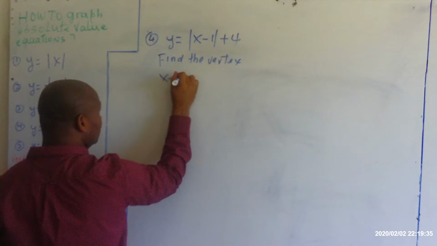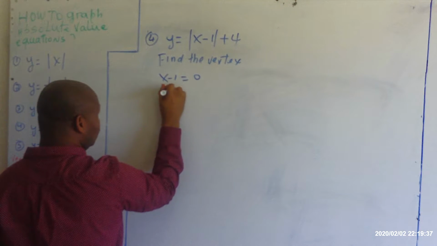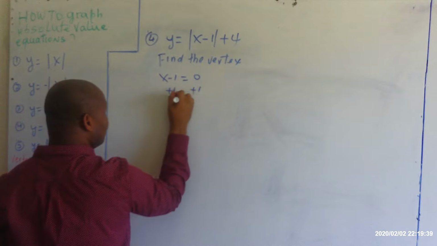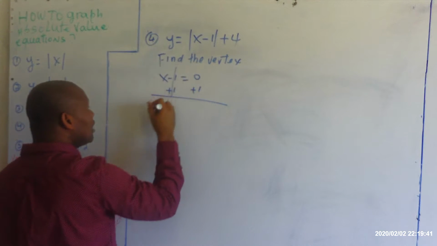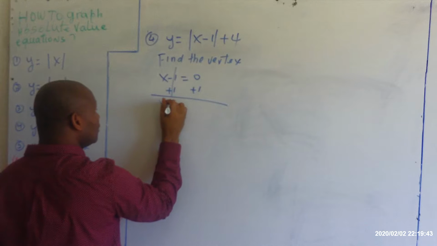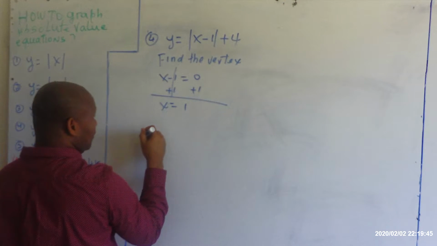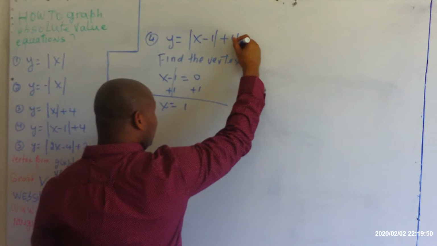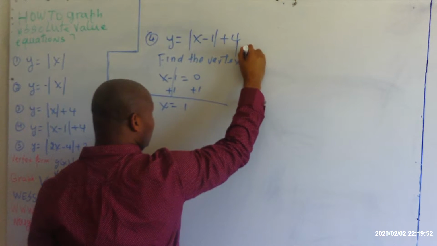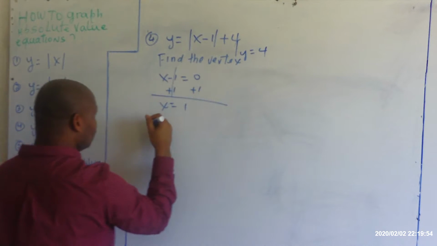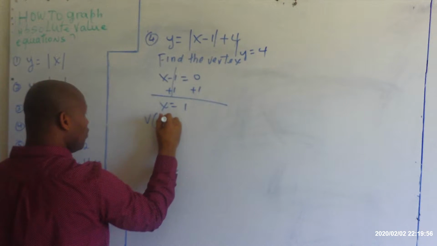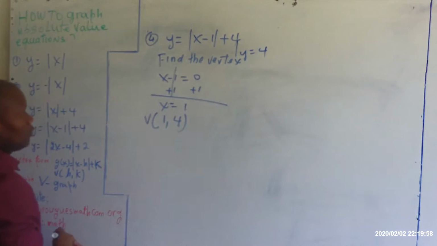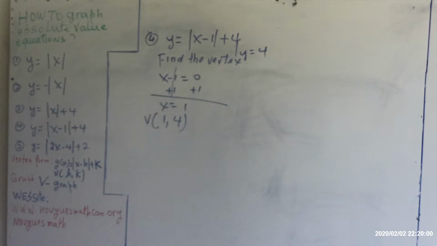So x minus 1 equals 0. Plus 1 on both sides, it cancels, so x equals 1. That's the x coordinate. You already have the y coordinate, which is 4. So the vertex is 1 and 4. That's what I told you, it's easy.